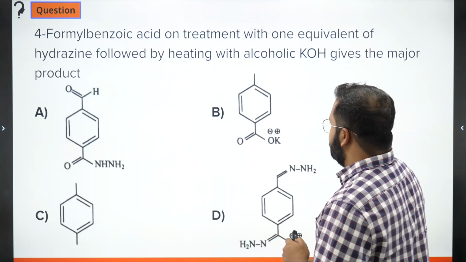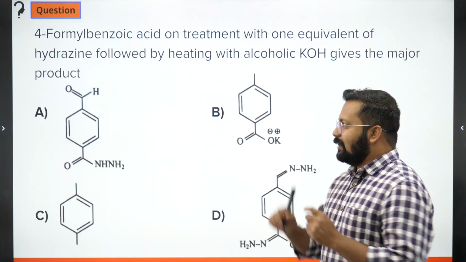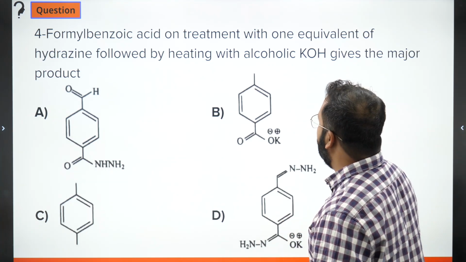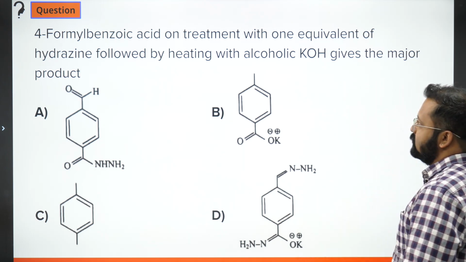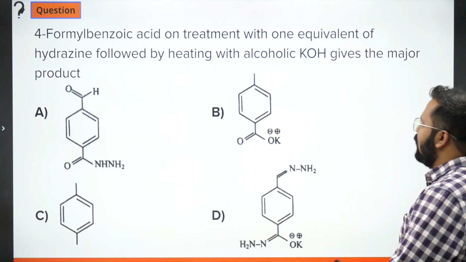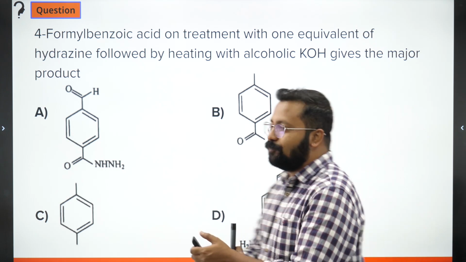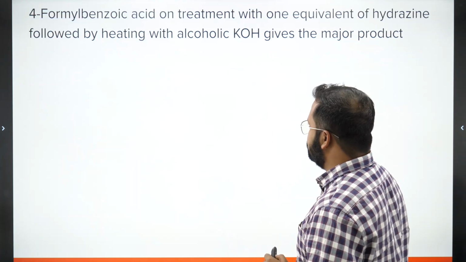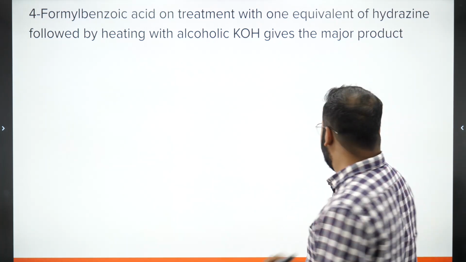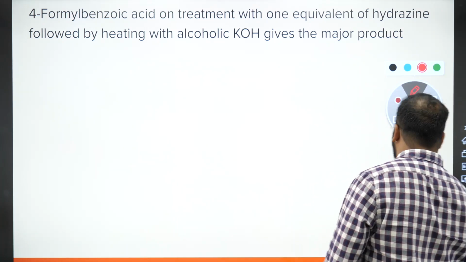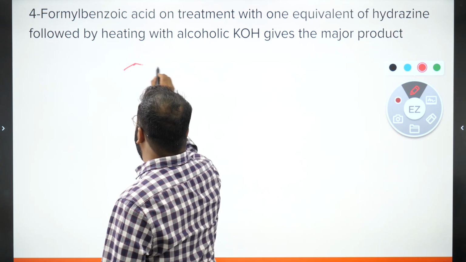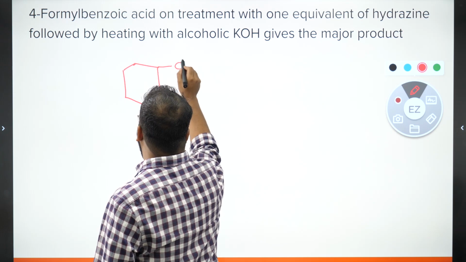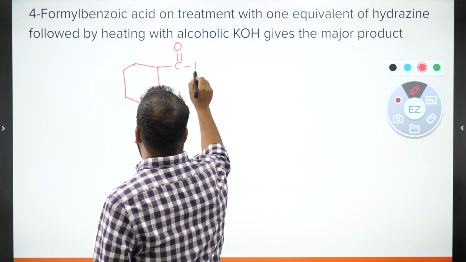The last question for today is this: 4-formyl benzoic acid on treatment with 1 equivalent of hydrazine followed by heating with alcoholic KOH gives the major product. 4-formyl benzoic acid क्या होता है? So 4-formyl benzoic acid is this. Formyl group is this.